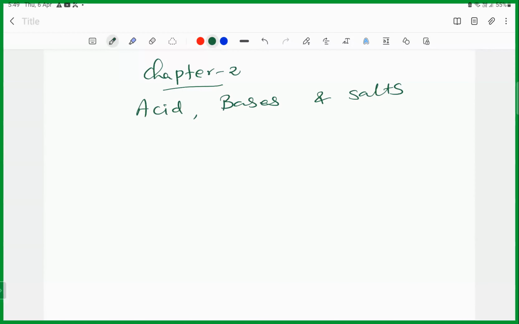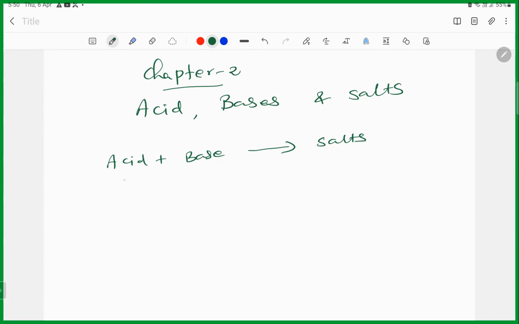Many definitions are given for the acid and bases. Whenever the acid and base react, it gives the salt. Based on the types of acid and types of base, you can classify the salt in various types.